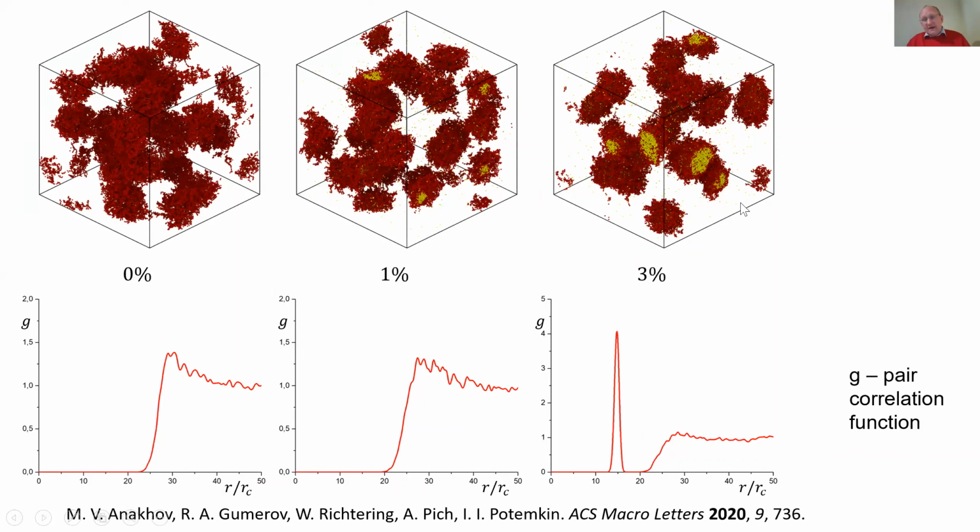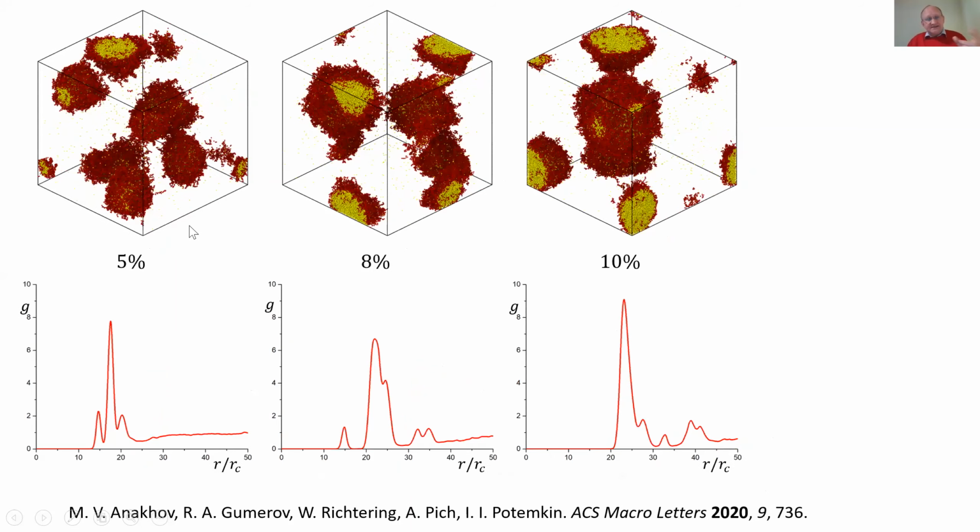They first form some kind of dimers, then these dimers transform into trimers, etc. Upon further increase of the oil concentration, we arrive at the formation of emulsion droplets, which are stabilized by the microgels at the periphery.